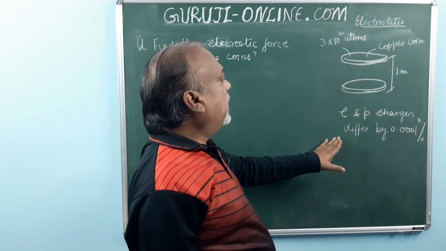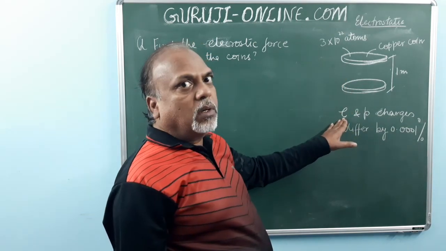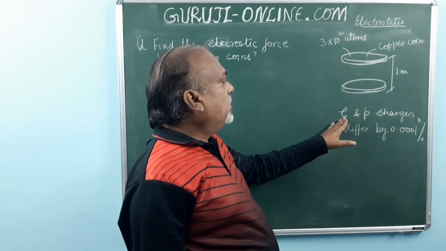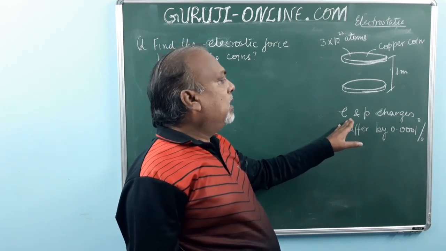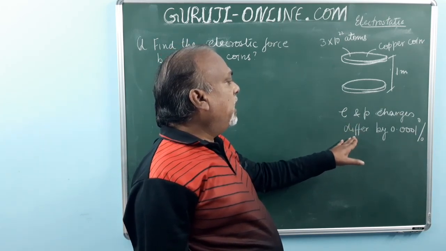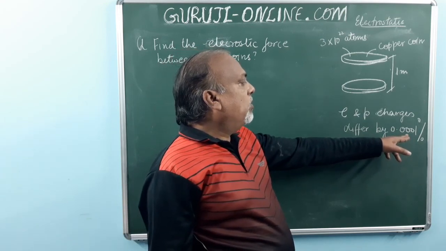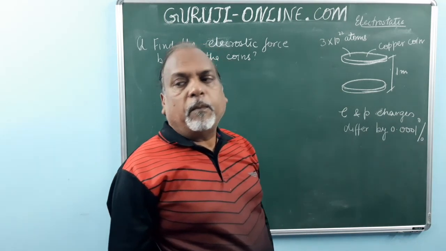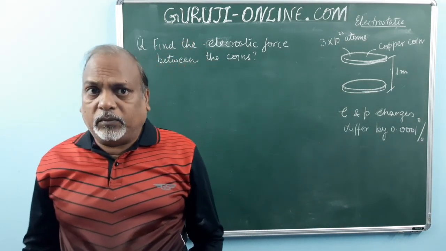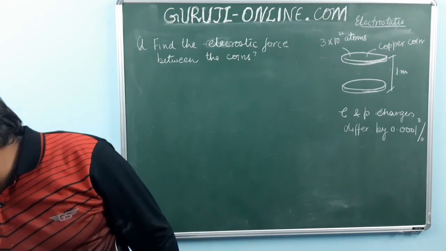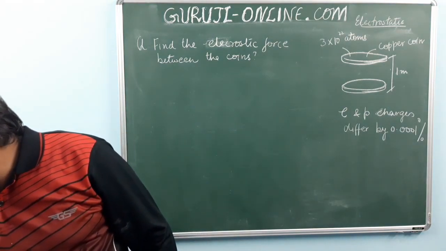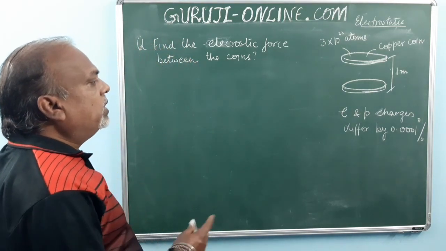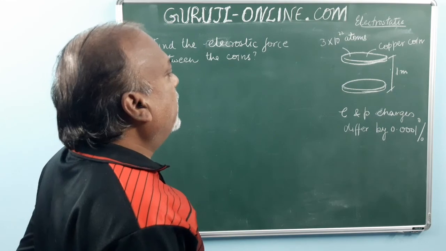But here in this case, basically the charges in this coin, between electron and proton, they differ by 0.00010001%. So let us see due to this difference what is going to happen.